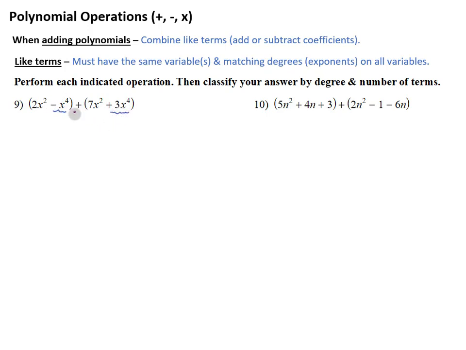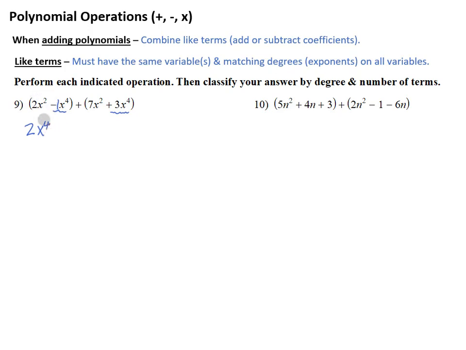And I see the highest degree we have is 4, and we do have 2 terms that we can add together. Negative 1x to the 4th plus positive 3x to the 4th. So negative 1 and positive 3 make positive 2x to the 4th. Remember, we're just adding the numbers in front there. We had 1 negative and 3 positives.